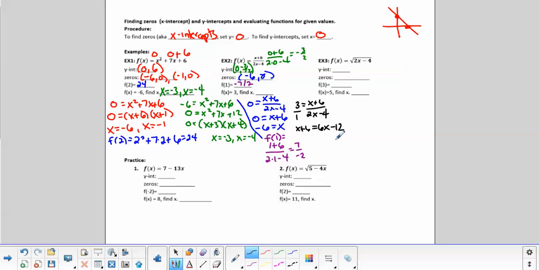So you need to get your x's to one side. So subtract this x, and that makes 5x over here. And now solve for x. So add 12 to both sides. I get 18 equals 5x. Did I do that wrong? Nope, that's 18, isn't it? And x is going to be 18 over 5.